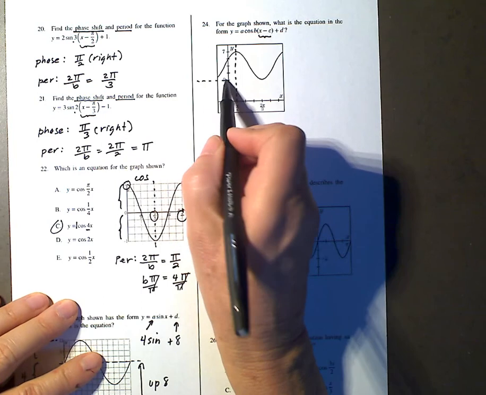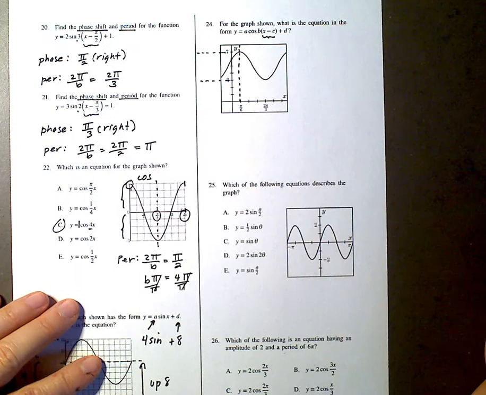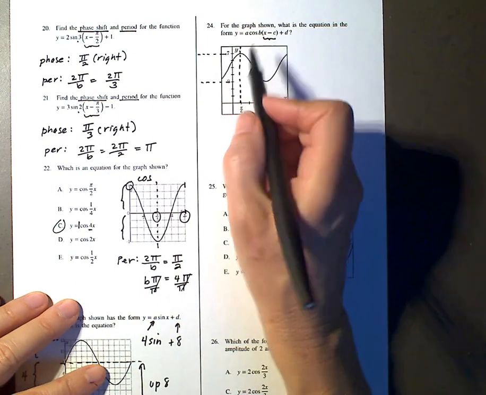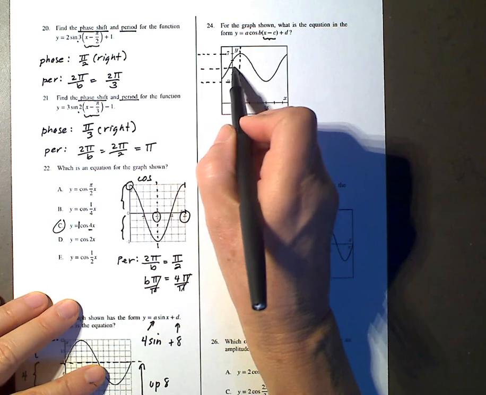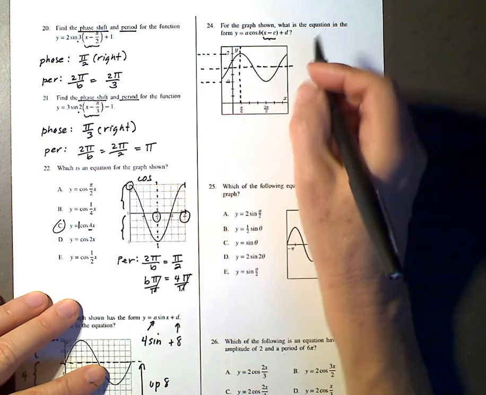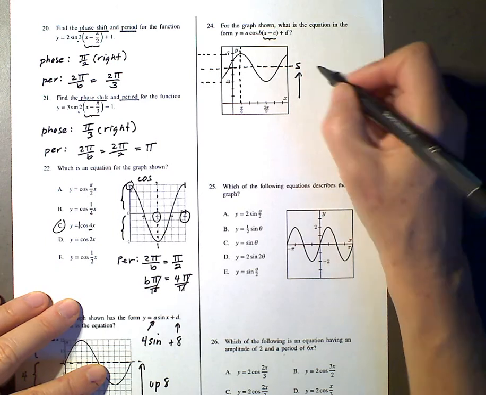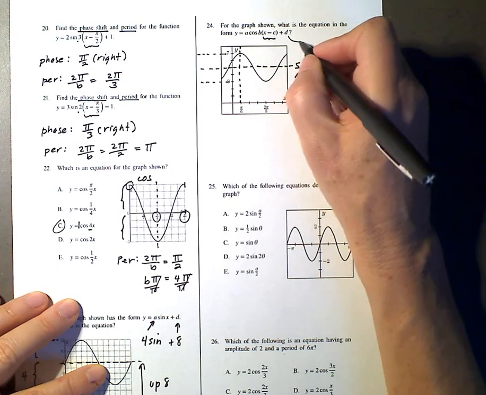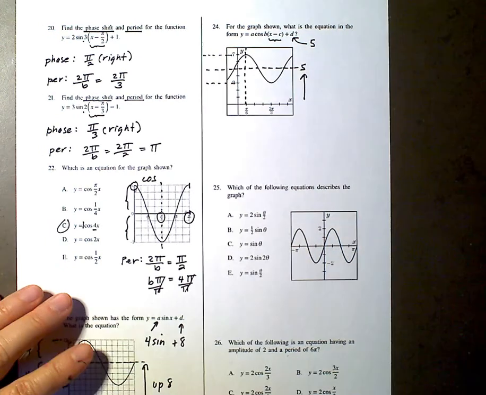Vertically, our min is at 3 and our max is at 7, and those are 4 apart. So 2 up from 3 and 2 below 7 must be our midline or baseline of the graph at 5. So that tells me I'm up 5. So d is positive 5, up off of the x-axis.